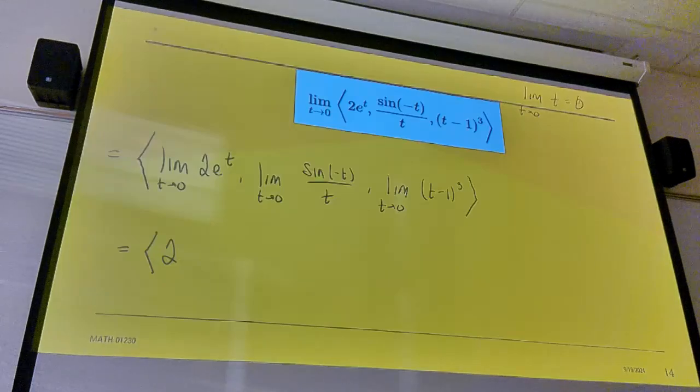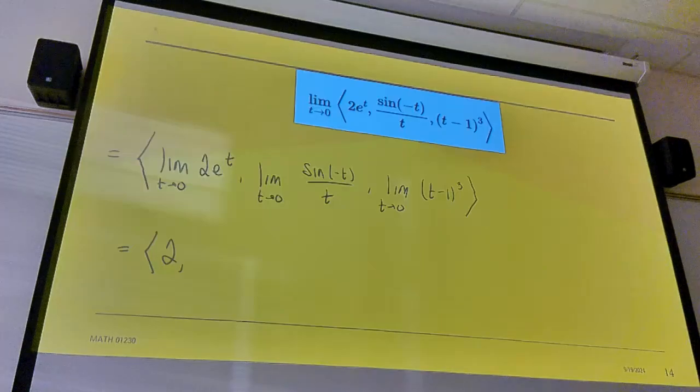What about that second component? Well, if you just put 0 in for t, you get the indeterminate form 0 over 0, which you can get around by using L'Hopital's rule.